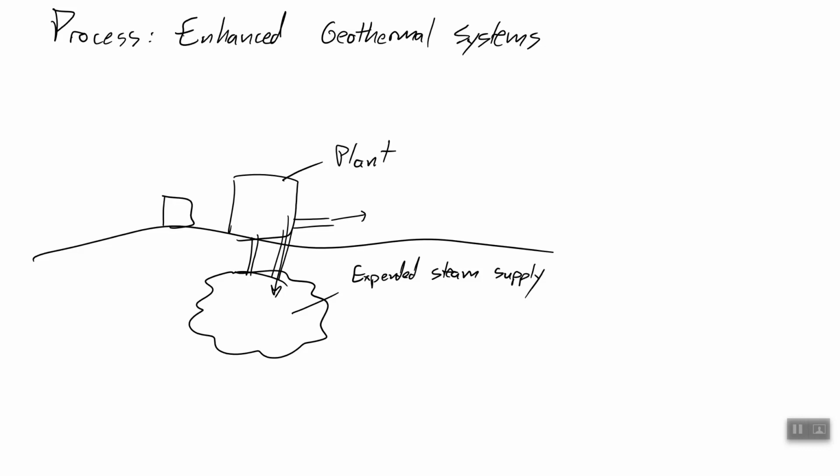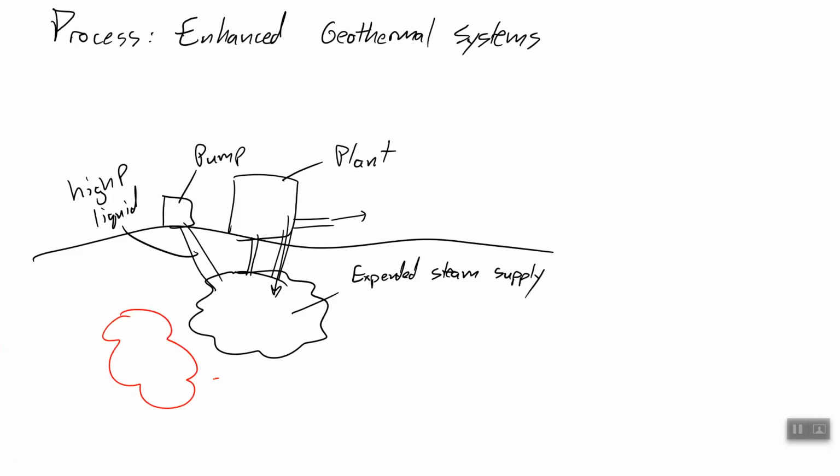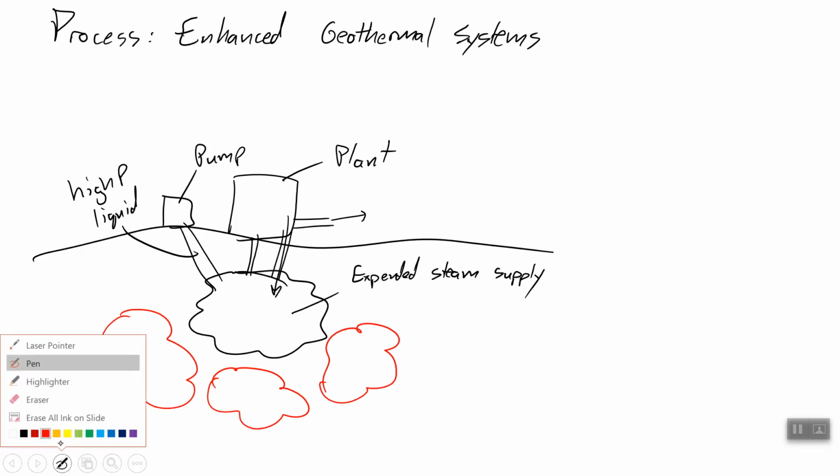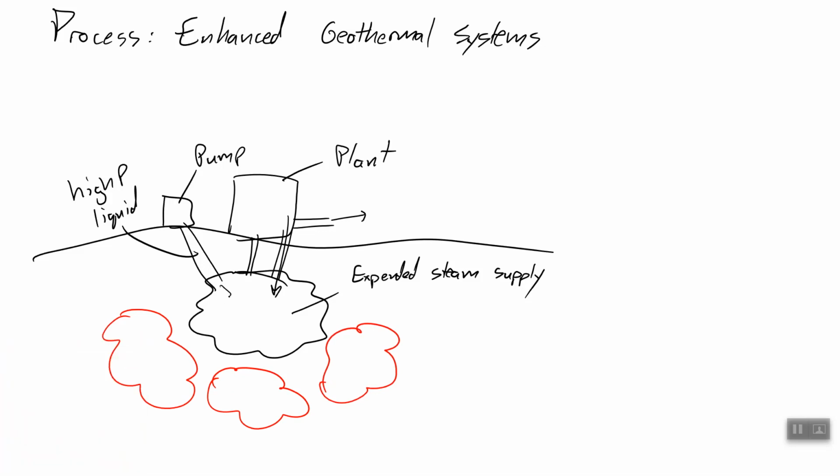So what we do is we get a very heavy duty pump and we pump some high pressure liquid into there. And we allow that to enter all the little cracks in the earth. And we're doing that because around the steam supply are more steam supplies that are trapped by caprock. So this high pressure fluid creates fissures between these reservoirs.